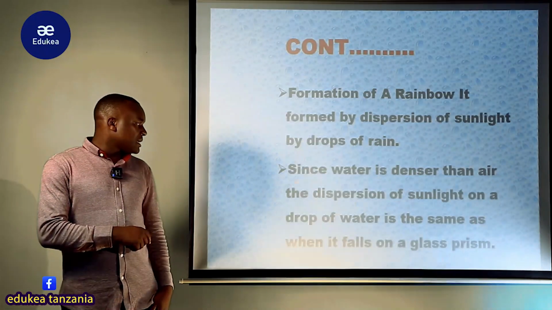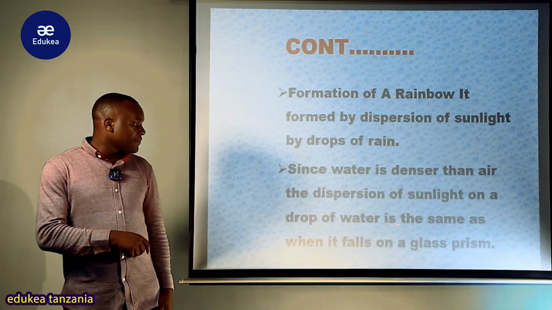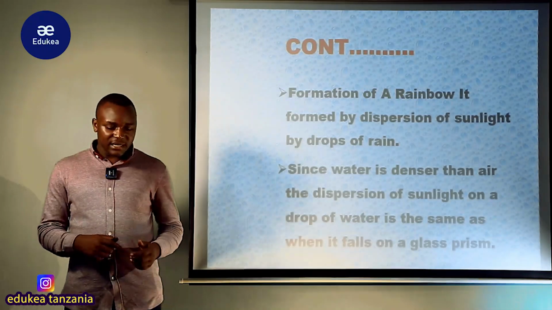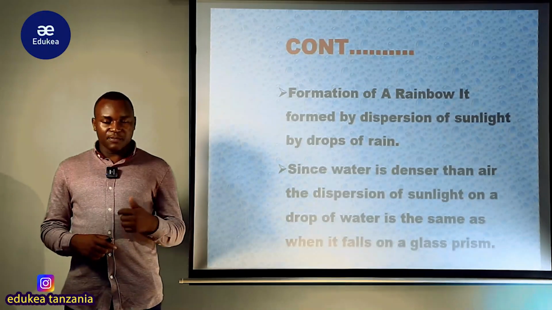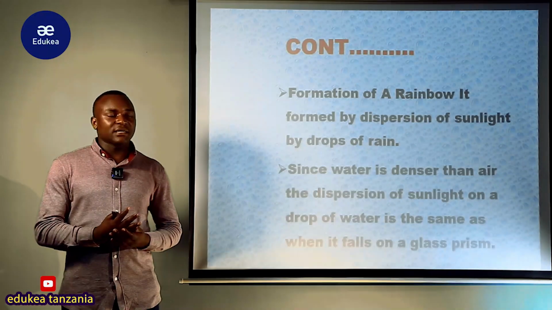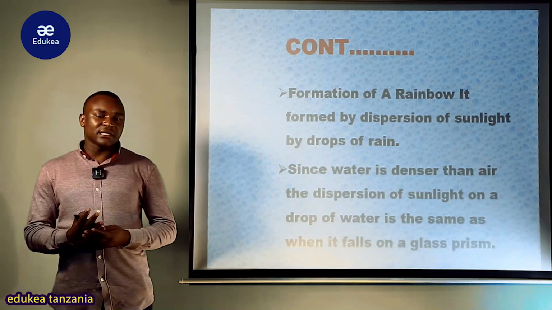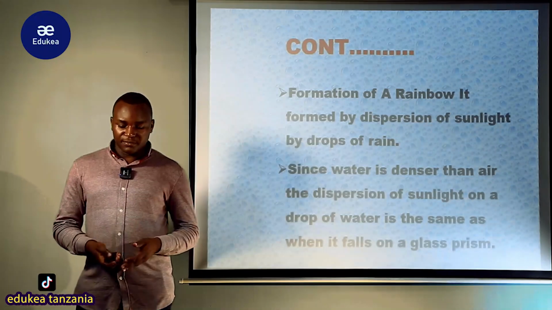Since water is denser than air, the dispersion of sunlight on the drop of water is the same as when it falls on a glass prism. The way dispersion occurs in a raindrop is the same as in a glass prism.